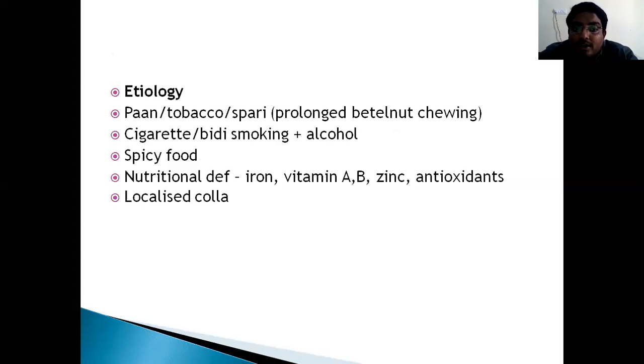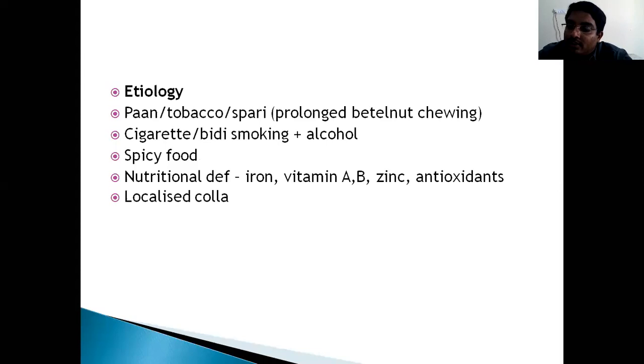Etiology: pan and tobacco chewing and prolonged chewing, cigarette and bidi smoking, alcohol and spicy foods, nutritional deficiencies of iron, vitamin A, B, and zinc, antioxidants, and localized cold. The etiological factors, smoking, pan, tobacco, spicy food, and nutrition, are the same as I told you in leukoplakia.